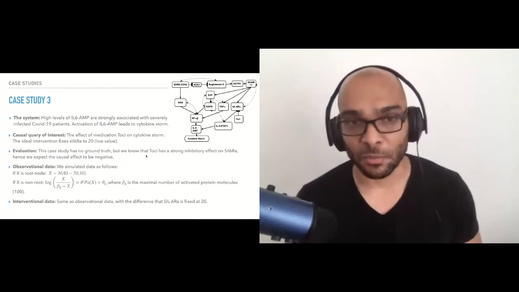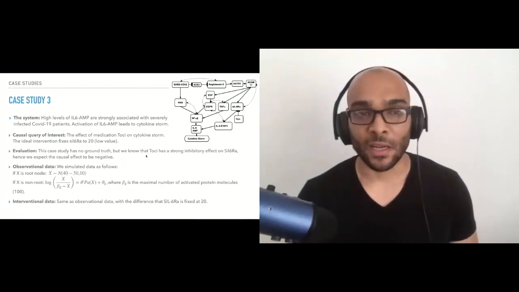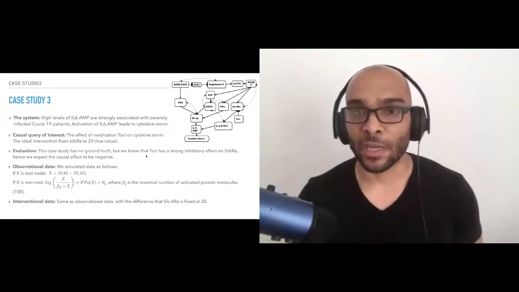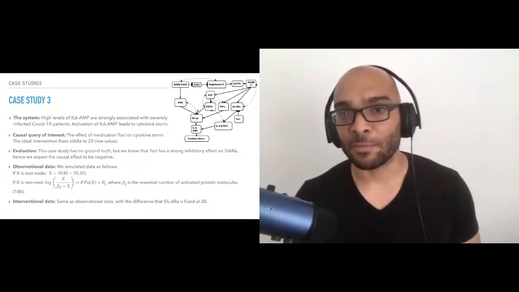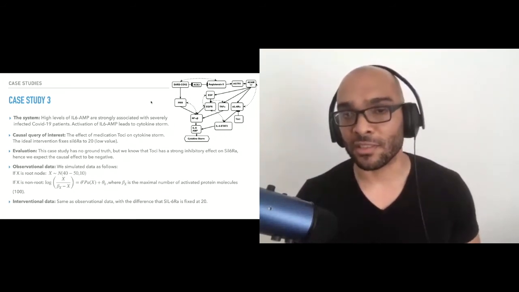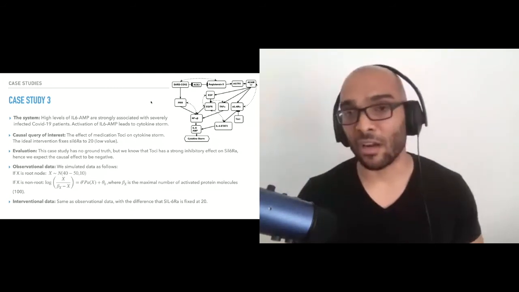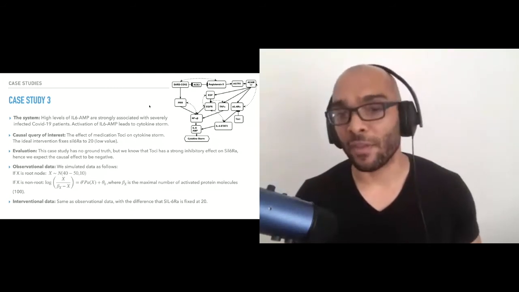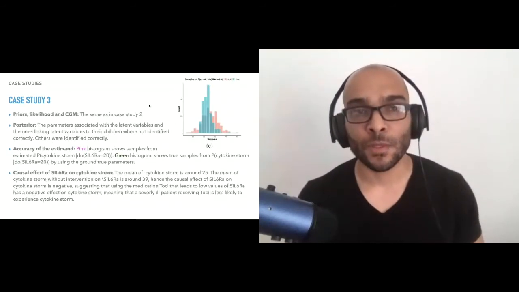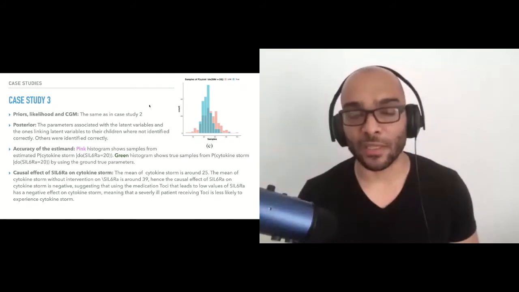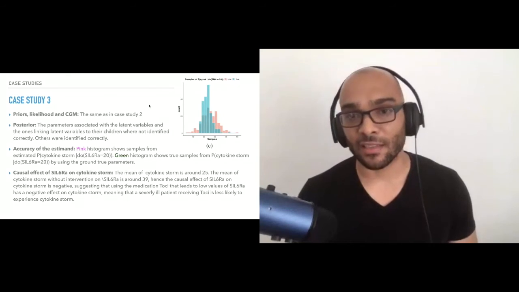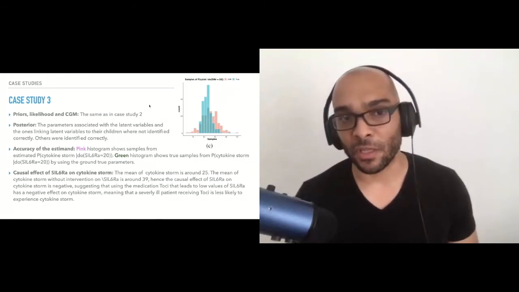Again, this is a simulation model, and we're able to simulate from it and then use our latent variable model to account for the fact that these bidirected edges here indicate elements of the overall system that are not available to our model during training. And again, what we do here is we evaluate our simulated samples from the target causal query against ground truth simulated from the underlying dynamic model.